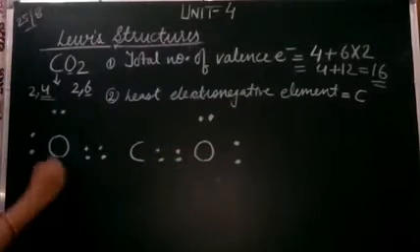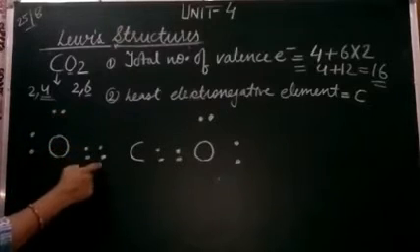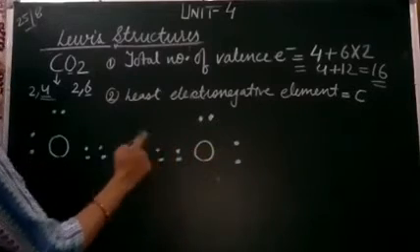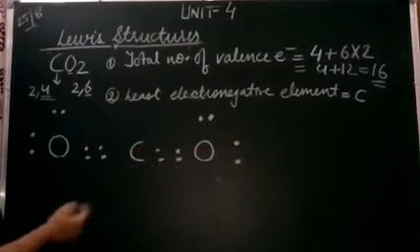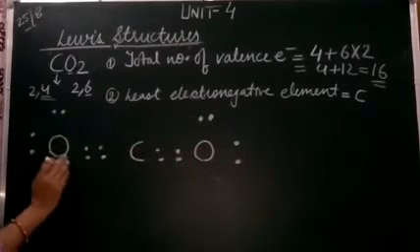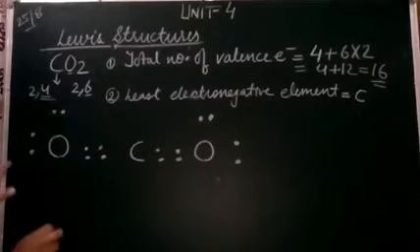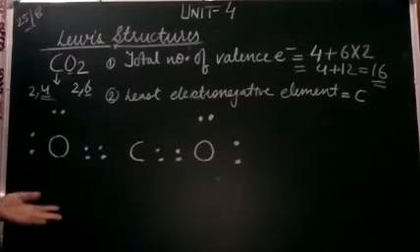Now check the oxygen here: 1, 2, 3, 4, 5, 6, 7, 8. The octet is complete. Here also 1, 2, 3, 4, 5, 6, 7, 8. The octet is complete. And here this is 4, 4, and this is 8. So overall the octet of each element is complete by distributing the 16 electrons around carbon and 2 oxygen atoms.